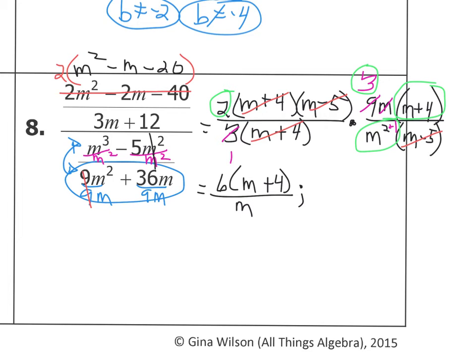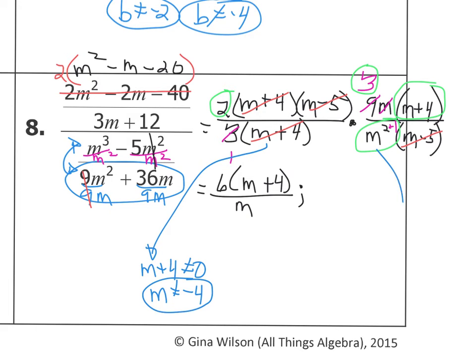And so here comes our restrictions. So this has a variable in it. So we're going to set m plus 4 not equal to 0. If you subtract 4, you get m cannot equal negative 4. So there's one restriction. This is a monomial. We all know that for monomials, the restriction means that m just cannot equal 0. I've done that a couple of times here, so I'm not going to go through the whole thing.